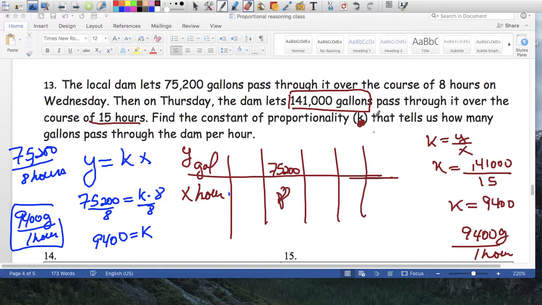Then I had another value, 141,000 in 15 hours. You could have picked either value, and you notice that the constant of proportionality is 9,400, times 9,400, times 9,400. So there's your little proof that this is proportional, and we get our unit rate as well.